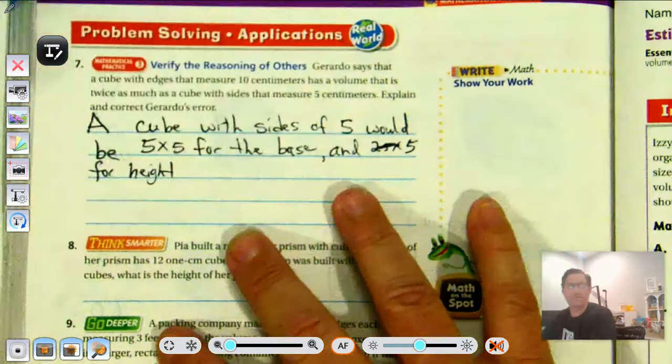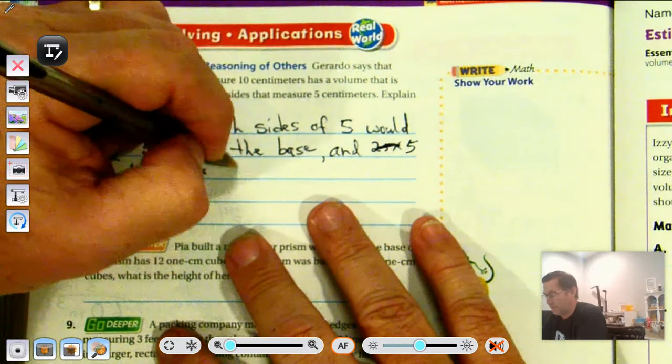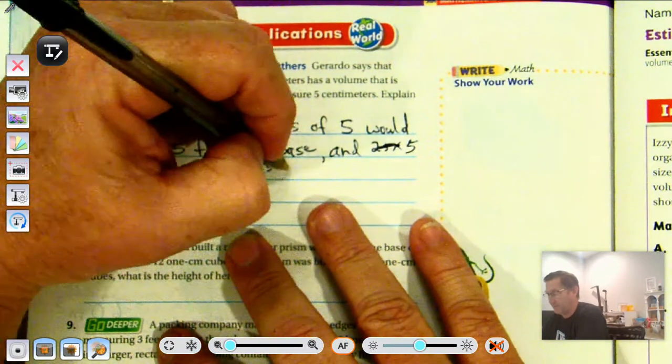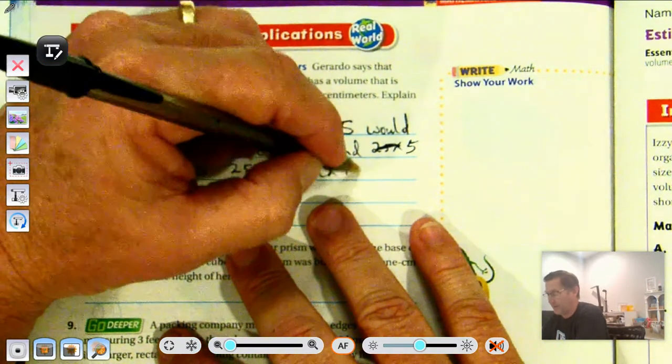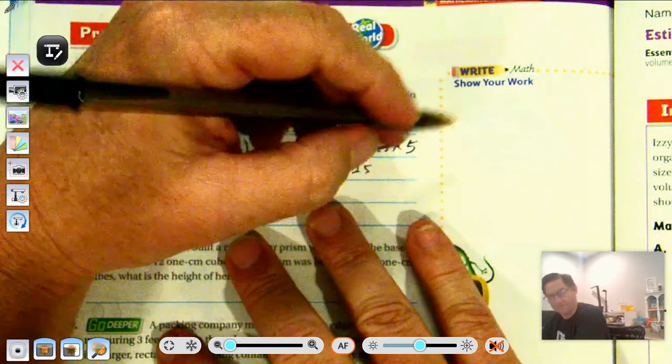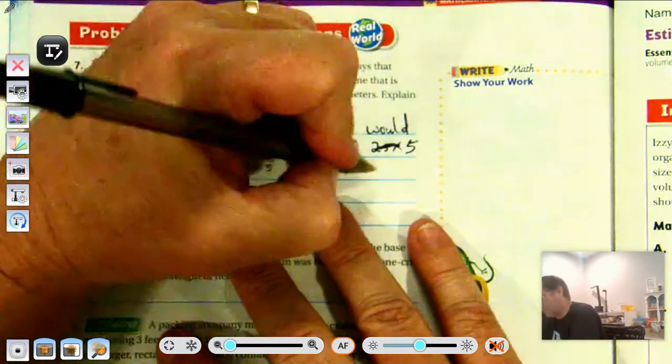I'm sorry, and 5 for the height. So 25 times 5 would be 125 cubic units, or cubic centimeters.